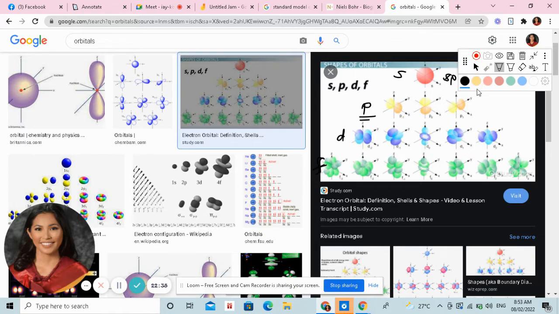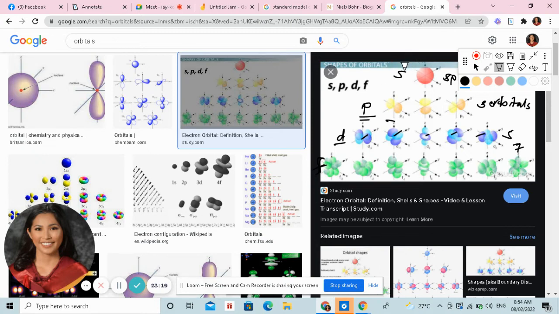How many orbitals does it have? 3, ma'am, which are px, py, and pz. What about the D subshell? 5 orbitals. Then for the F subshell, we have 7 orbitals.